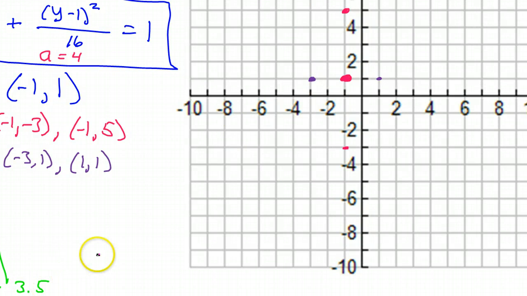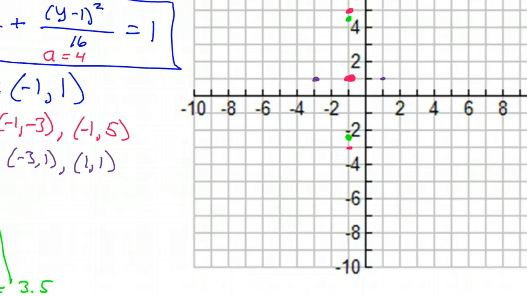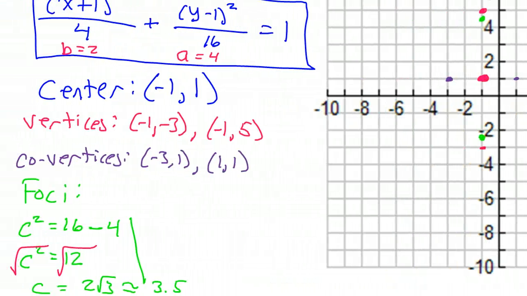So this 3.5 means I'm going to go up 3.5 and down 3.5 from the center. So up 3.5 would be like here, down 3.5 would be here. Notice that the x value for both of these points is -1. They're both 1 to the left. So it's just the y values we have to worry about a little bit.